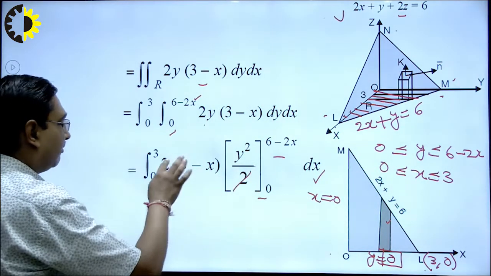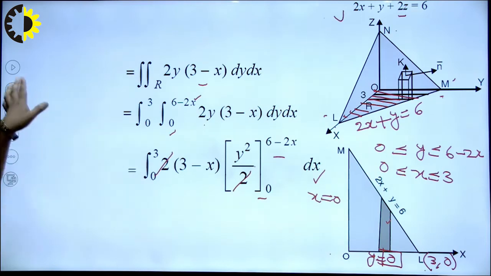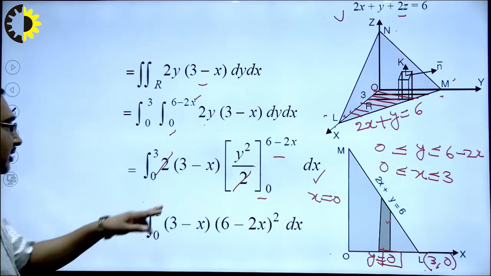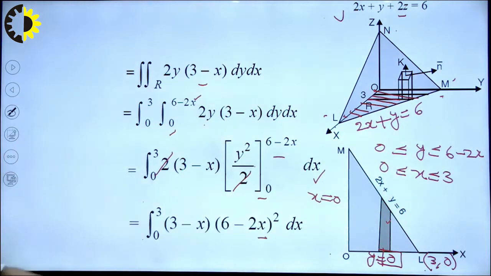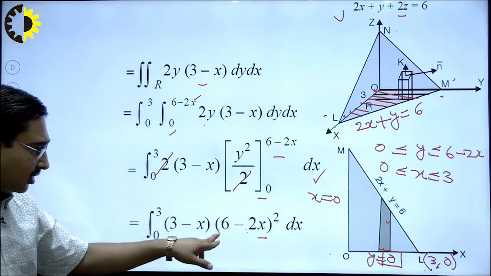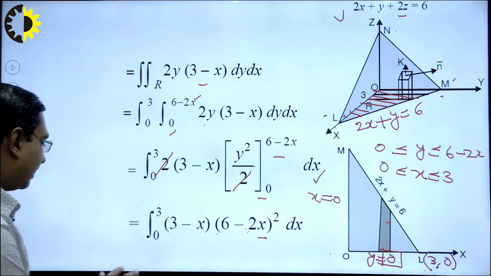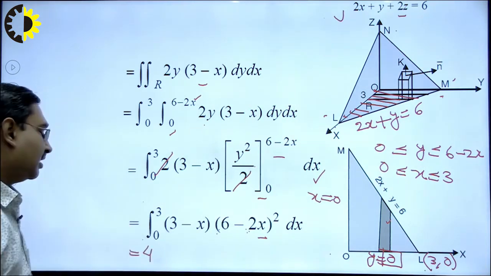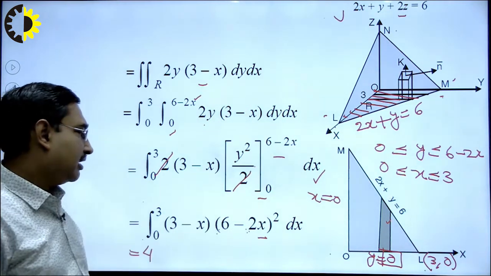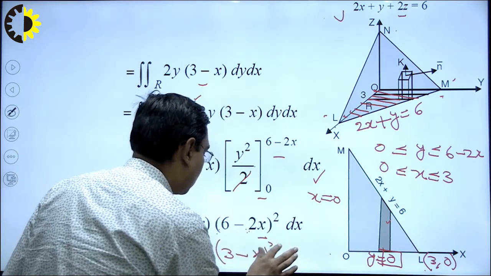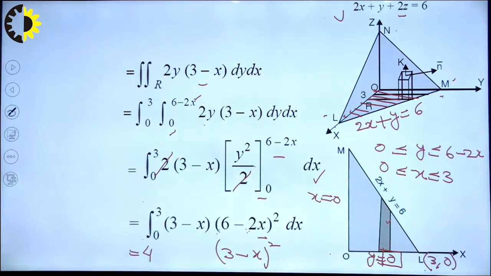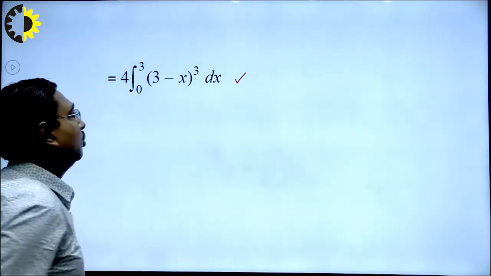This 2 will be cancelled out. Applying limits, I will obtain (3 minus x) times (6 minus 2x) whole square. 2 can be taken common from this bracket and 4 will come outside, and this term will become (3 minus x) whole square. This (3 minus x) is already written here, so it will become 4 times (3 minus x) whole cube.